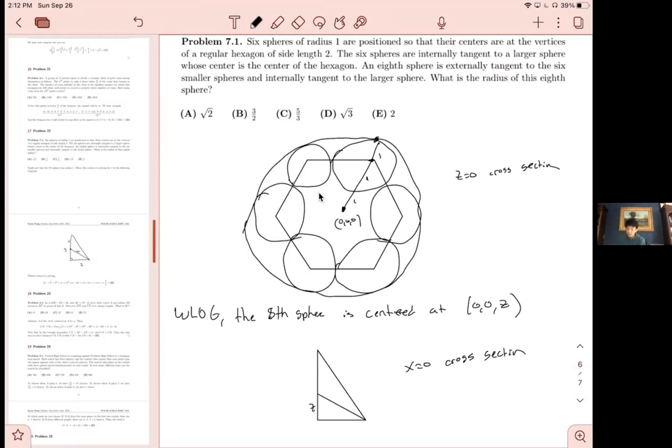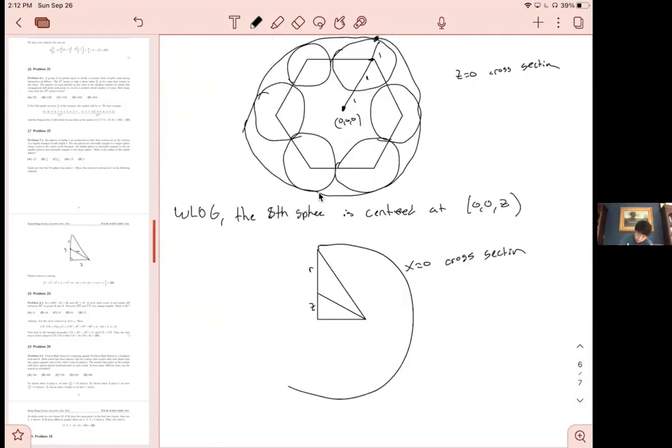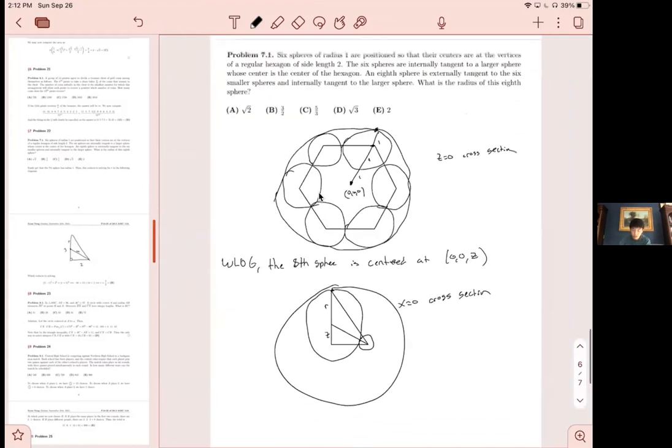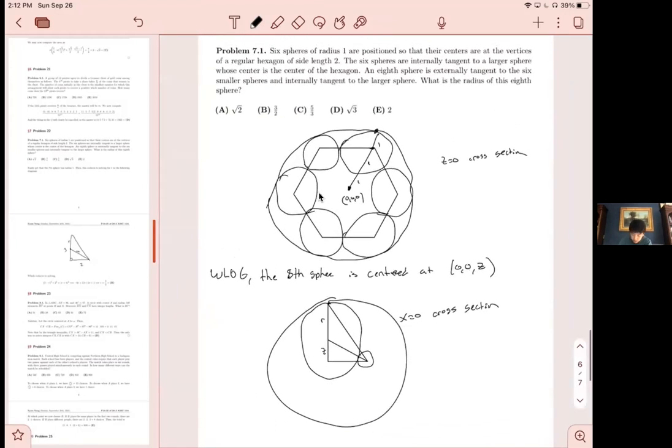And since we know that it's internally tangent to the largest sphere, we know that its distance from the top of this little triangle here is r, where r is the radius of the 8th sphere.